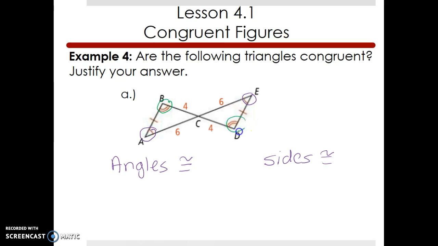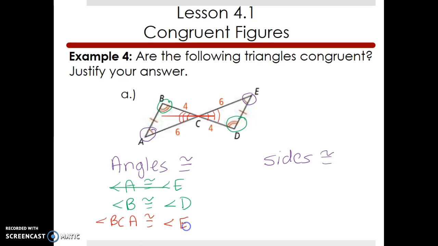Angle A is congruent to angle E. Angle B is congruent to angle D. And from what we have learned, these are vertical angles, so angle BCA is congruent to angle ECD. So we have all 3 angles congruent. That's a check. Now we have to check all the sides as well.